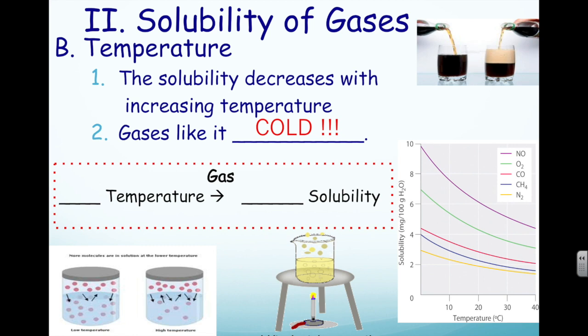A cold soda will hold its CO2 and its fizz a lot better than a hot soda. So if we increase the temperature, we will actually decrease the solubility. What that means on these curves is that the curves will slope downwards. So it's easy to see which one is a gas because it's sloping downwards, it has a negative slope.